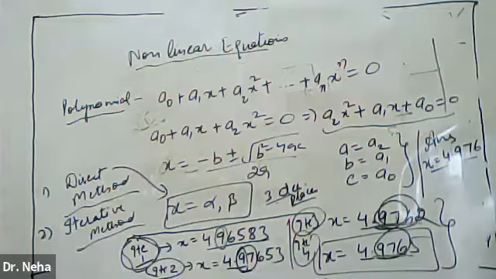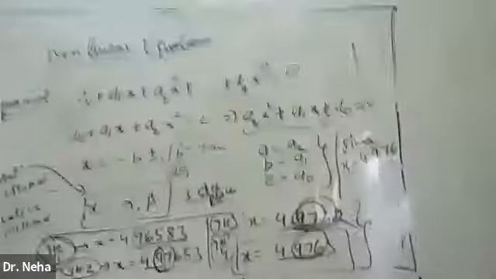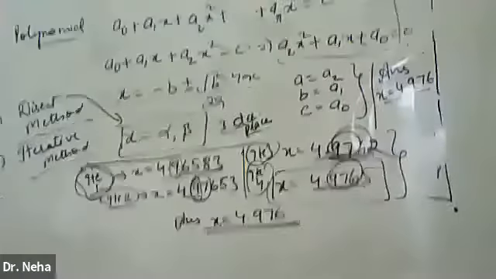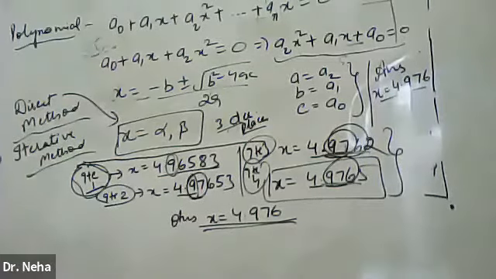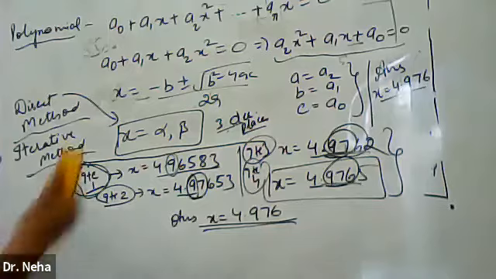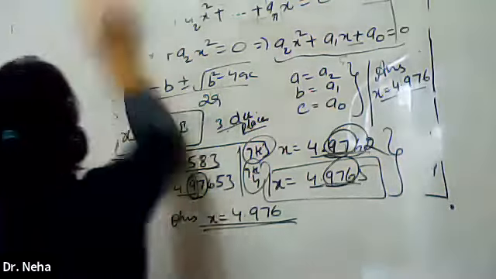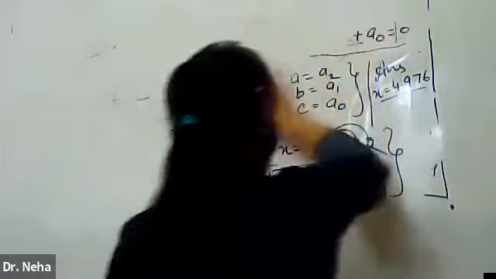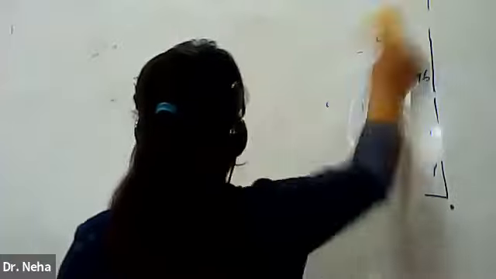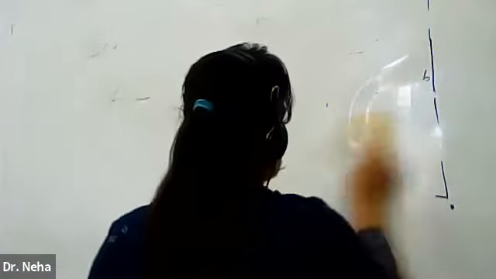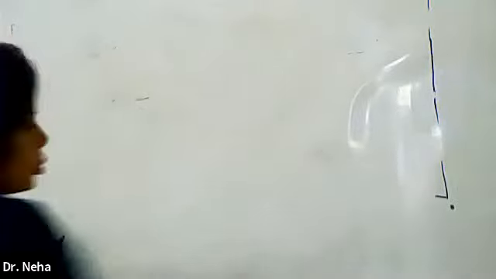Now there are a number of methods to solve. We are going to start with our first method, which is known as the bisection method. So please write down number 1.